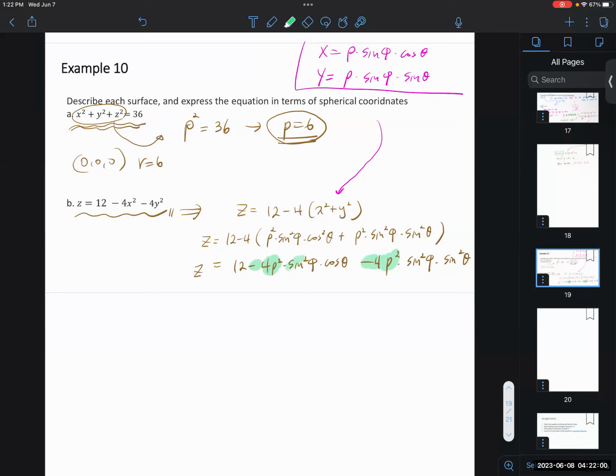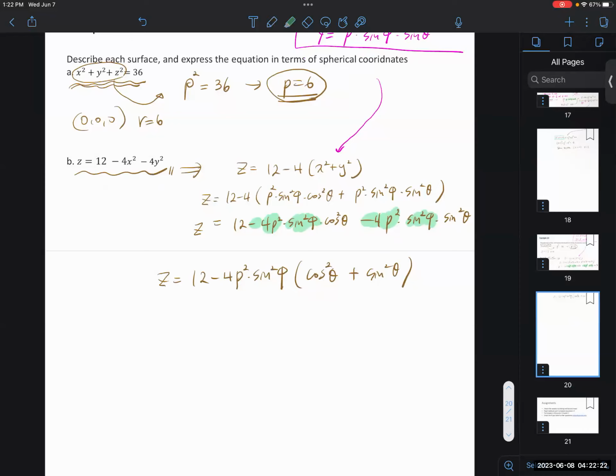What else? Sine squared phi, sine squared phi, I can factor out. You see that? So z equal to 12 minus 4 p squared sine squared phi times cosine squared theta plus sine squared theta. According to the trigonometry formula, we know this is going to be one. So z equal to 12 minus 4 p squared sine squared phi.